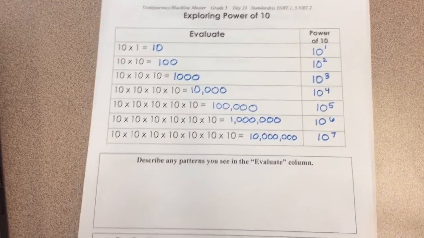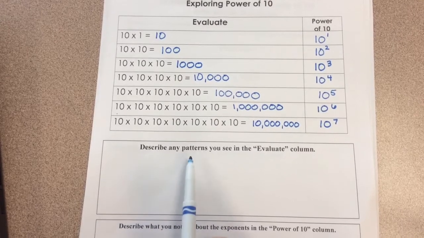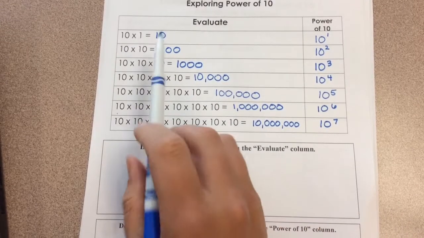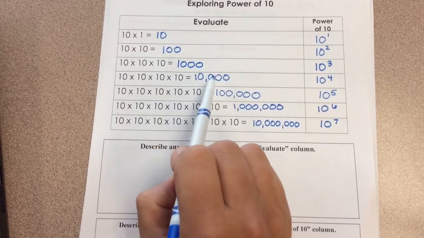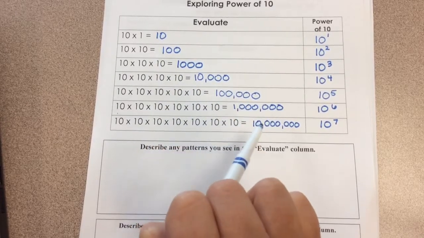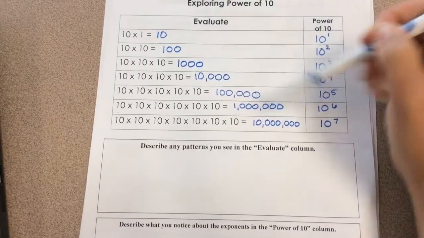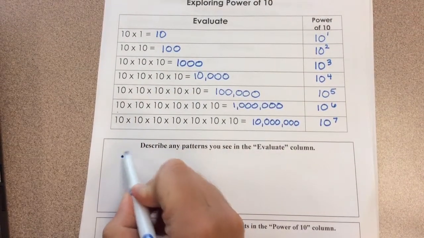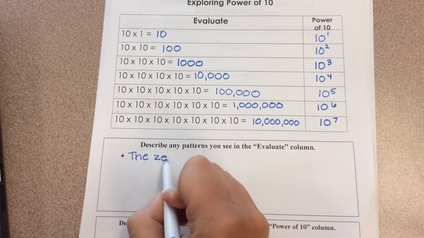So I'm not going to tell you the answers in this one. You're going to come tomorrow with the answers. Describe any patterns you see in the evaluate column. What do you see? What patterns do you notice that's happening? So it can be patterns going down. Write it. I may even start it for you.